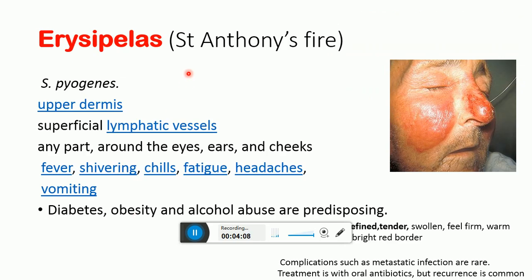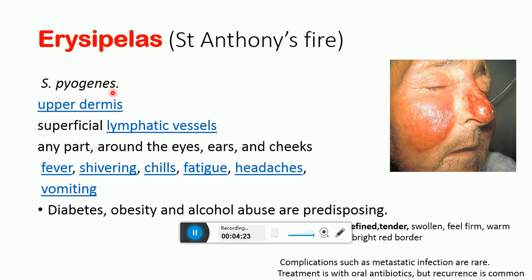Another one is erysipelas, also known as Saint Anthony's fire. It is caused by Streptococcus pyogenes.